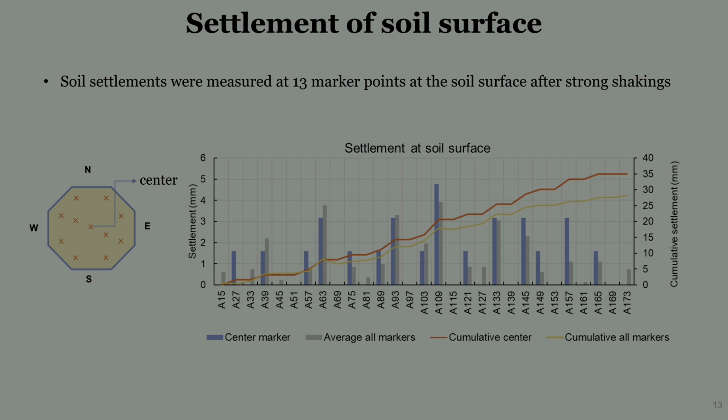They were measured after the shaking events, that's why we have an A here. The cumulative settlement at the center was around 35 millimeters, whereas considering all the markers, we had around 28 millimeters. So the soil did not settle that much in our test.